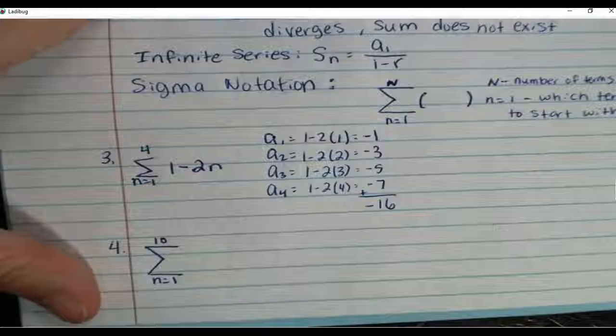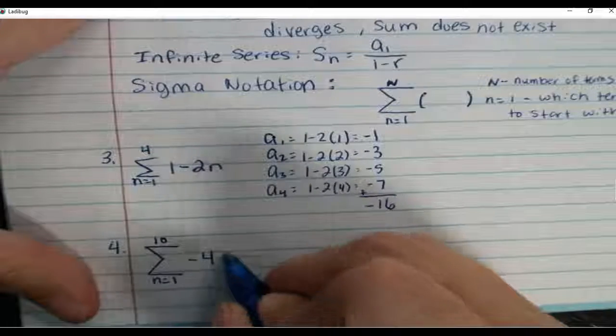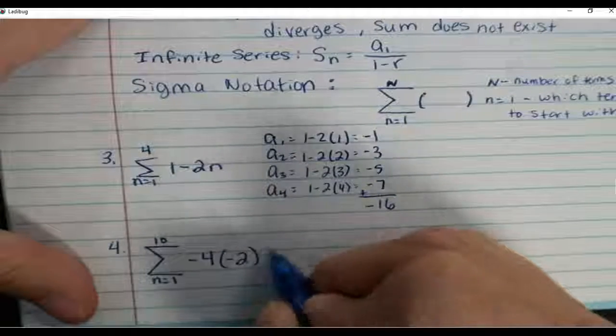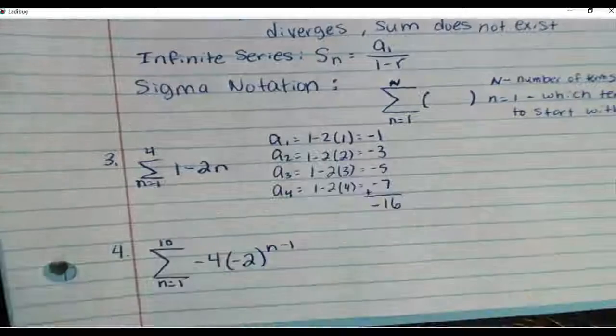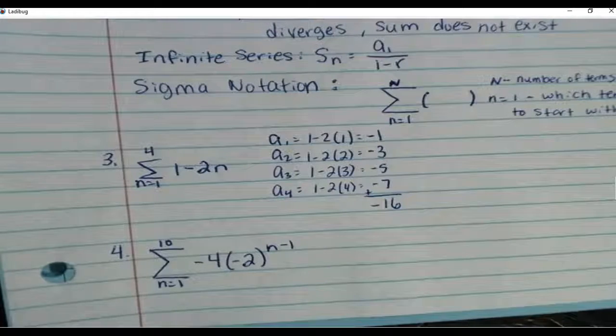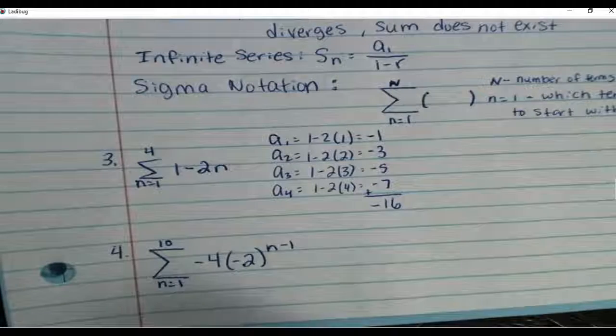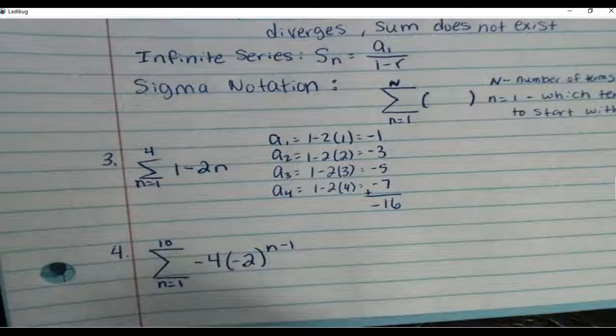Start with the first term of -4 times -2 to the n minus 1. If you have an older calculator, there is a way to still do this on there. We'll have to tell you later, I don't remember.